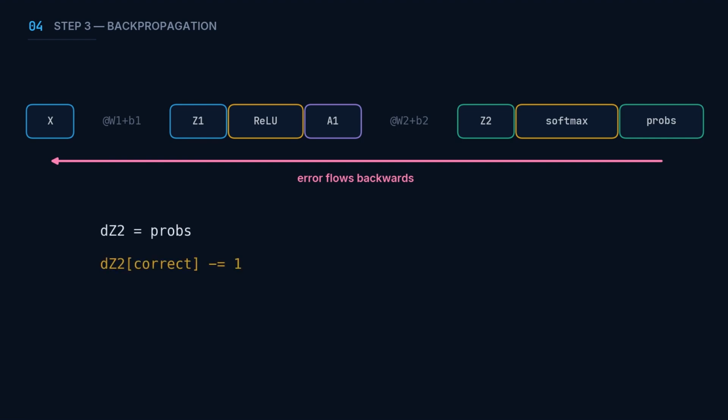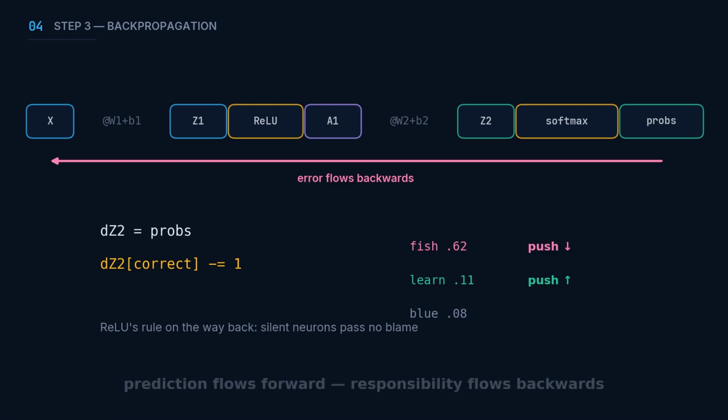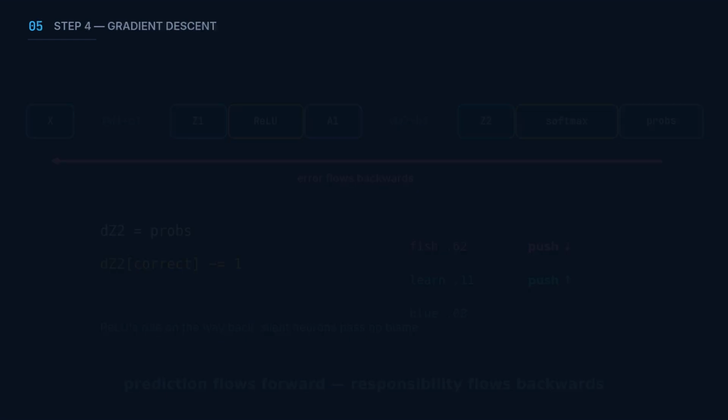Take the probabilities and subtract 1 at the correct word's position. If the answer was learn and the network favored fish, that signal says push learn up, push fish down. ReLU adds one rule on the way back. Neurons that were silent in the forward pass get no blame backwards.